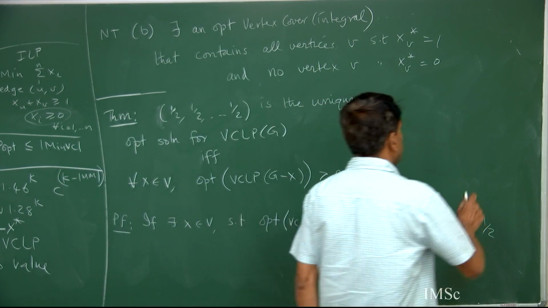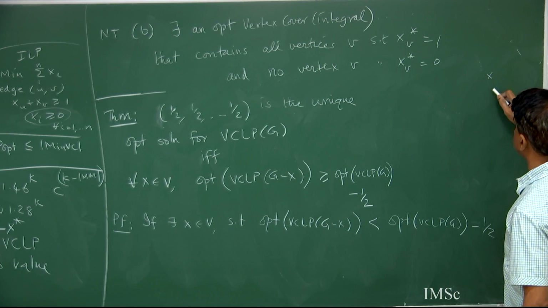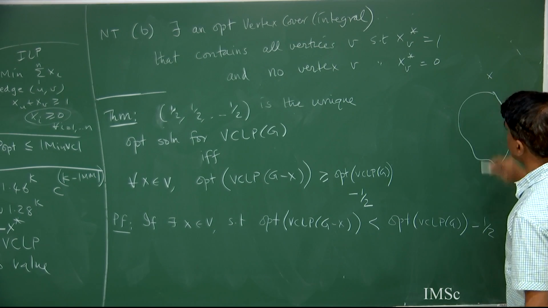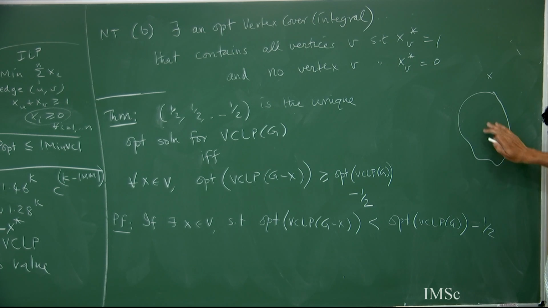So what am I saying? Here is my vertex x, here is the remaining graph, and I take this graph and solve my LP, and it turns out the LP value dropped by more than half from whatever its original LP value was.